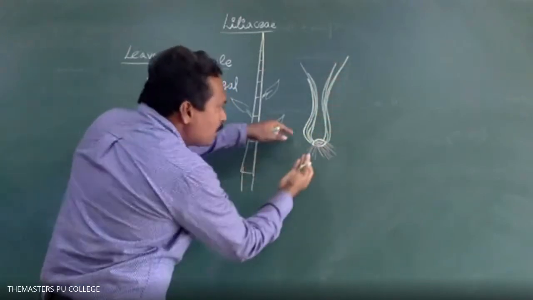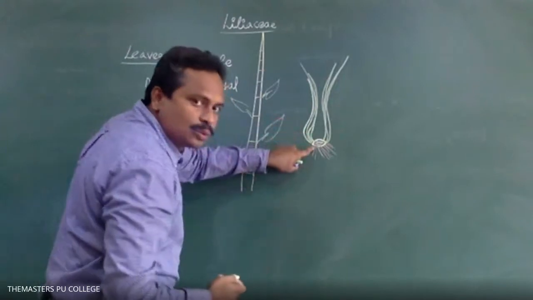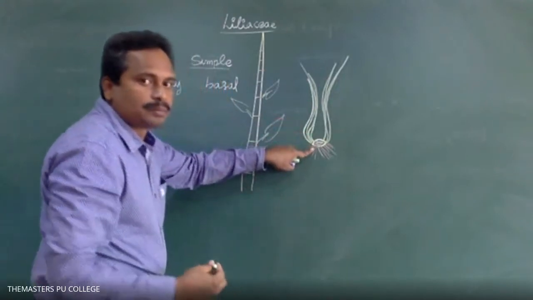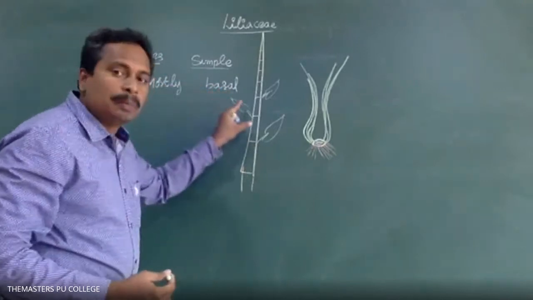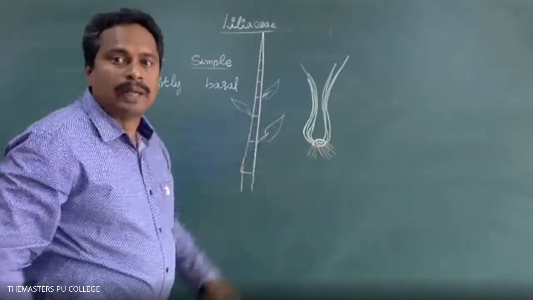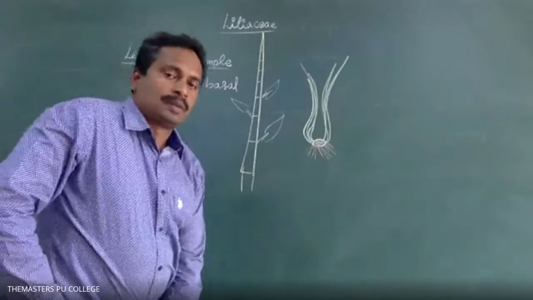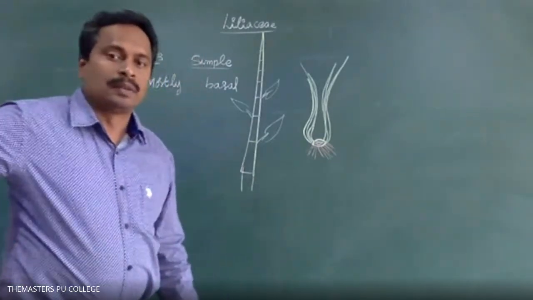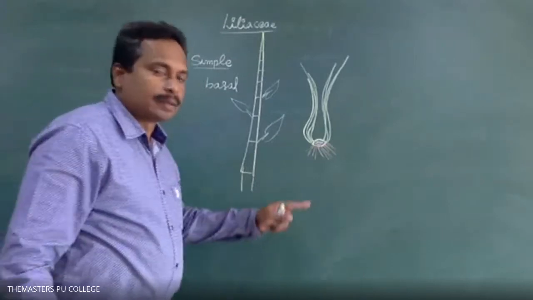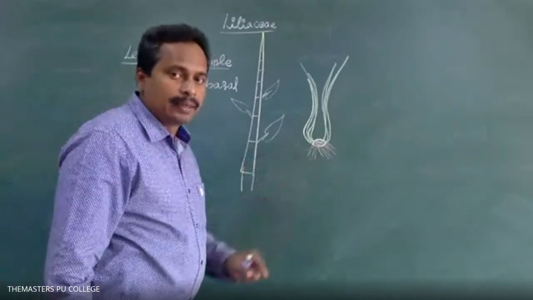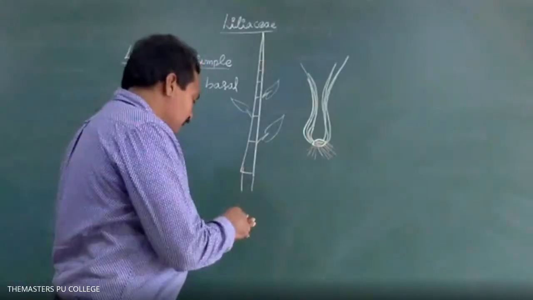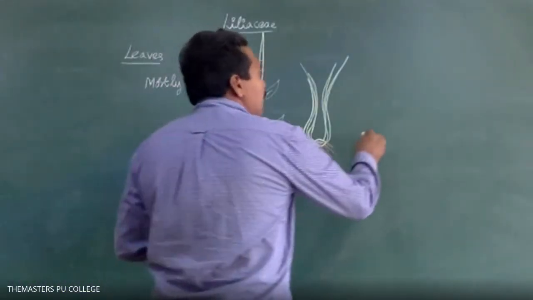So the leaves are very close to the root system, mostly basal. Have you written this? Is it clear? Yes, sir. So the leaves are simple and linear.